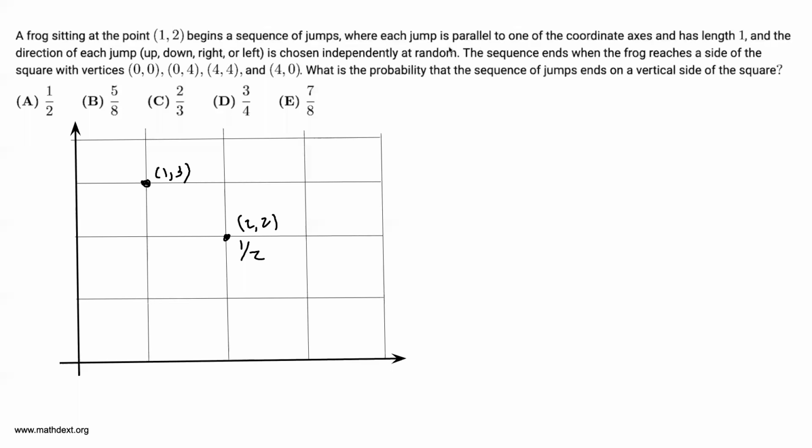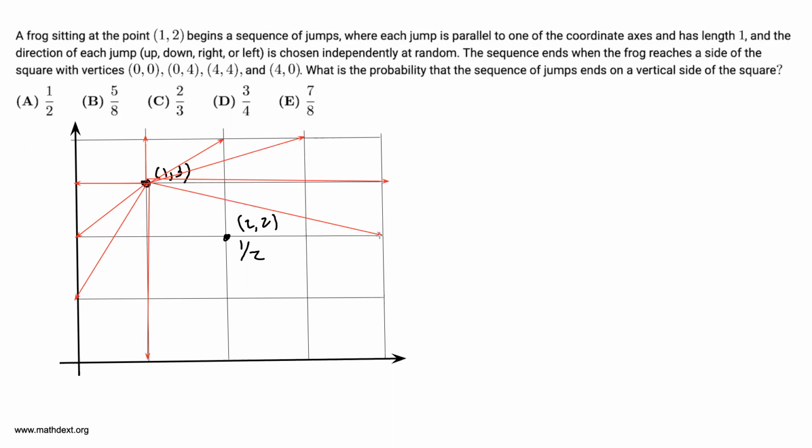And the reason is that the probability that the frog ends up here is equal to the probability that the frog goes here, and so on and so forth.